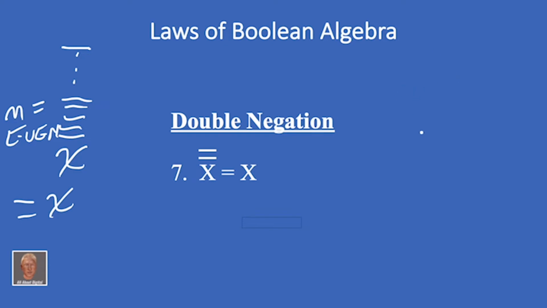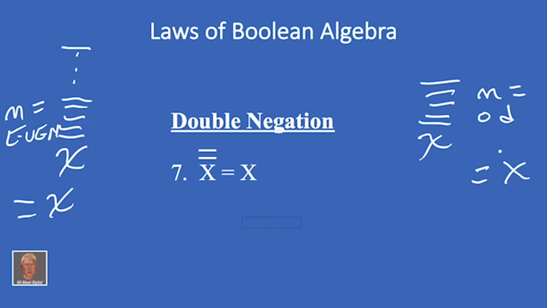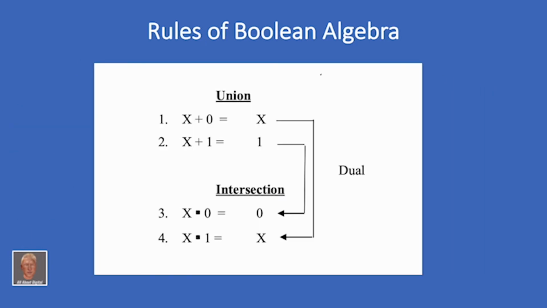If you take that same variable and you complement it n times, and n equals an odd number, then that variable comes out to be equal to x bar, or the complement of x. Okay, that's very useful for minimizing Boolean algebra expressions.